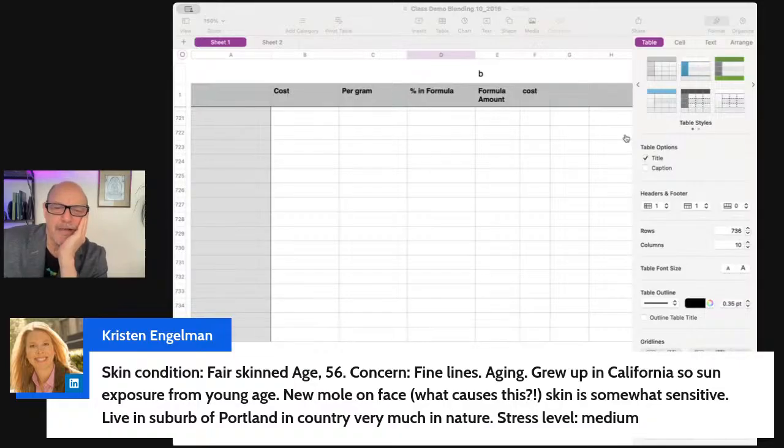Moles can, a lot of different, depends. You'd have to have it analyzed by a dermatologist to know what the mole is and where it's coming from. You want to be careful of its shape. You really want to be aware of that, but you should get it checked out. Living in Portland, in the country. Oh, nice. You gave me good information. Thank you, Kristen. That's fairly cool what you just did.